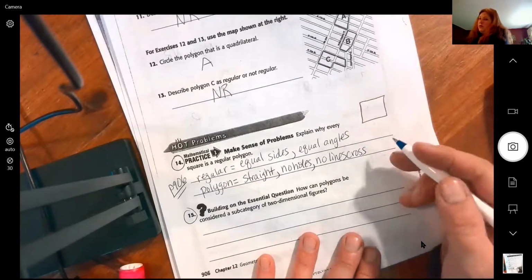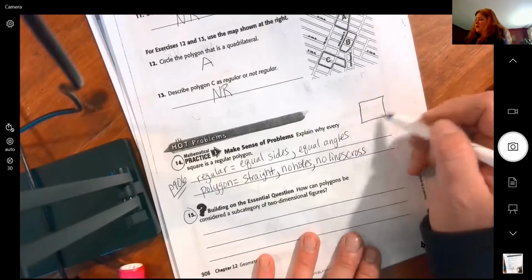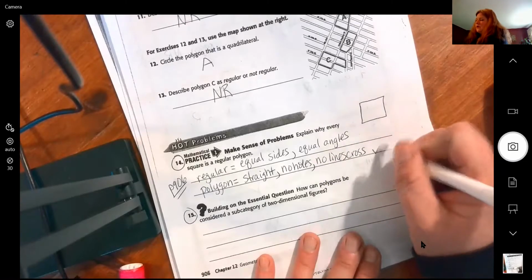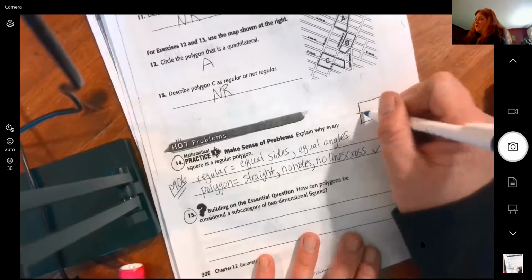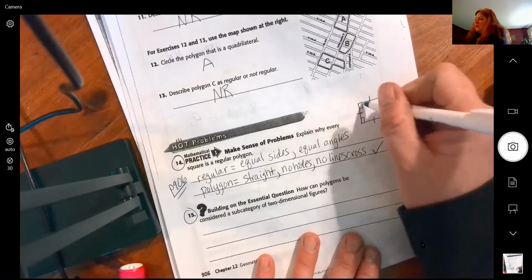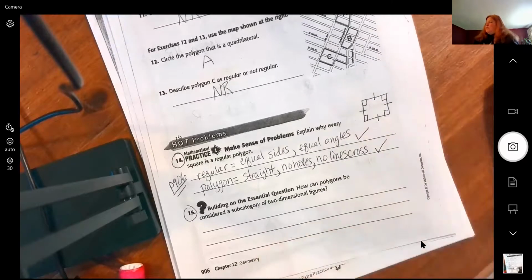It's supposed to be a square. It wasn't a very good one. Does it have straight lines? Yes. Does it have no holes? Yes. Does it have no crossings? Yes. The next one we need to do is regular. Does it have equal sides? Yes. Does it have equal angles? Remember the right angles? Yes. So it is both regular and a polygon.